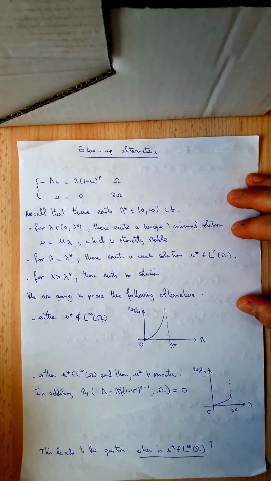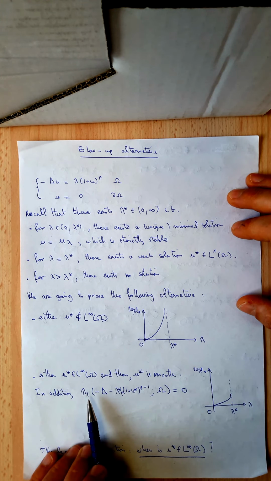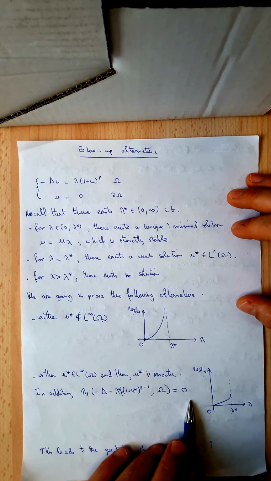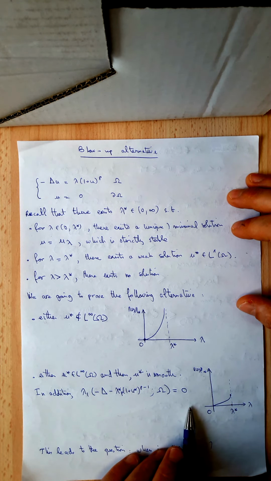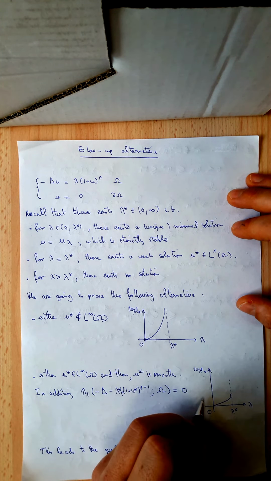And that in particular implies that since the implicit function theorem stops at U star, the principal eigenvalue of the linearized operator computed at U star has to be equal to 0. Because if it were strictly positive, then we could continue the curve beyond lambda star, contradicting the very definition of lambda star.